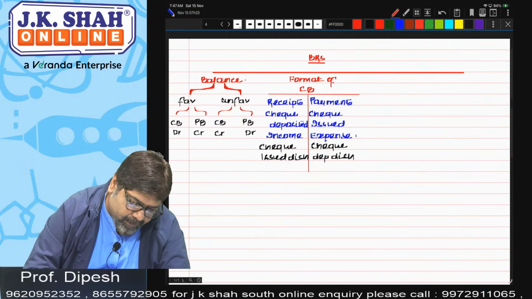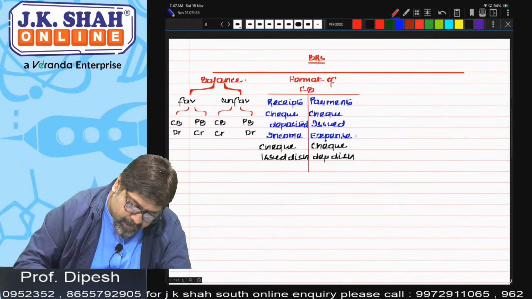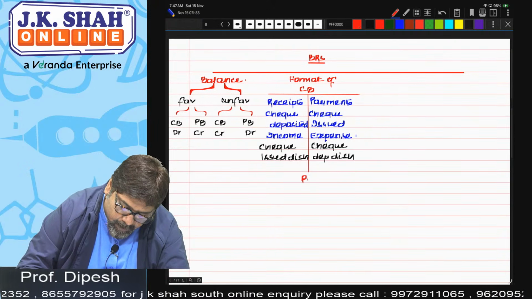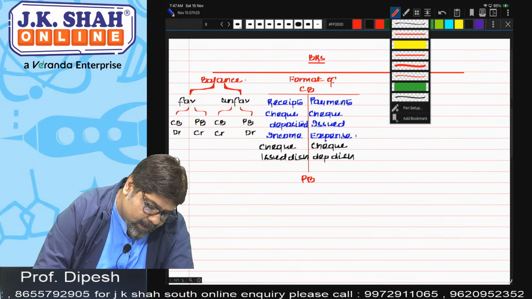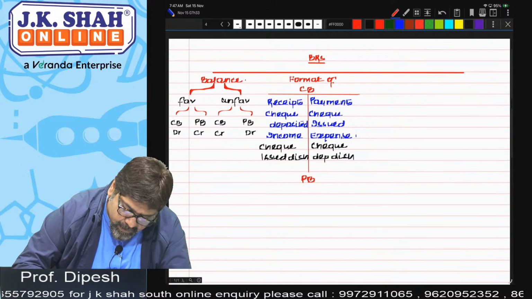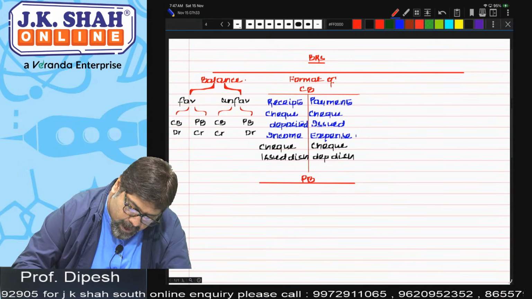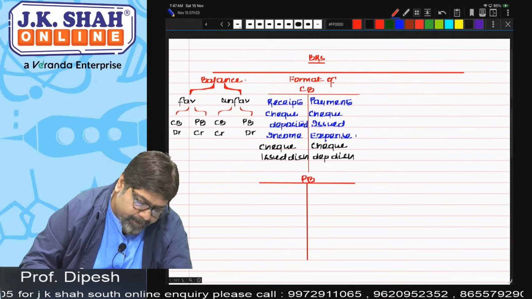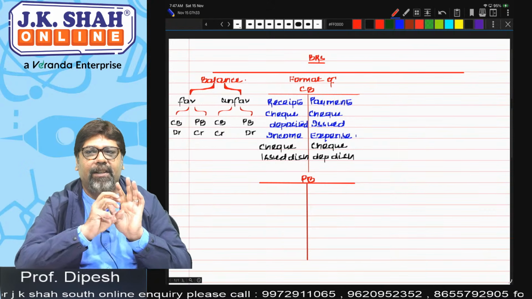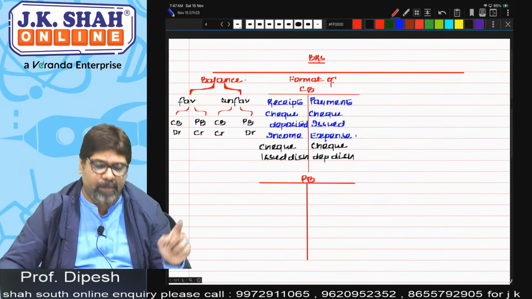Now, what is the format of the passbook? How does a passbook look? Whatever is written on the cash book debit side will be recorded on the passbook credit side.